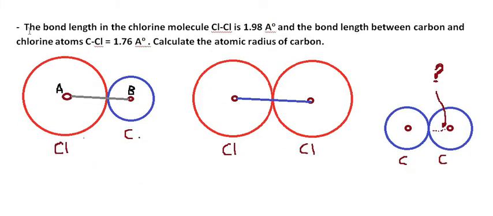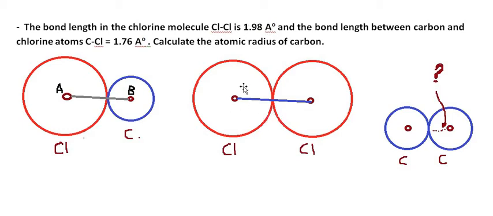If you want to solve a problem: the bond length in the chlorine molecule Cl-Cl is 1.98 angstrom, and the bond length between carbon and chlorine atoms, C-Cl, is 1.76 angstrom. Calculate the atomic radius of carbon. Here is the chlorine molecule Cl-Cl, distance 1.98 angstrom.